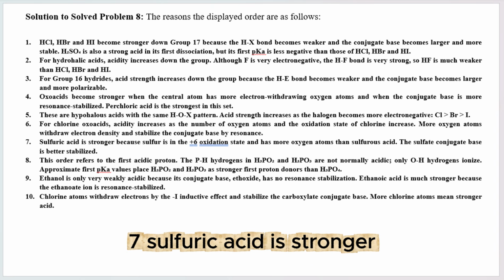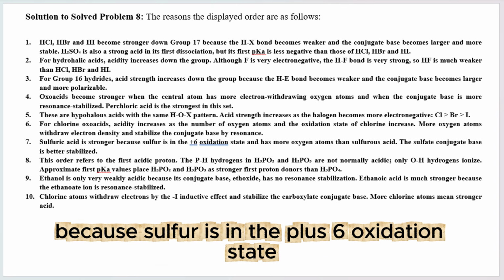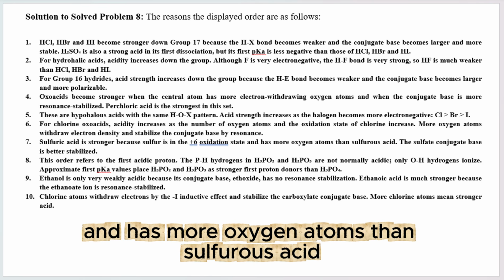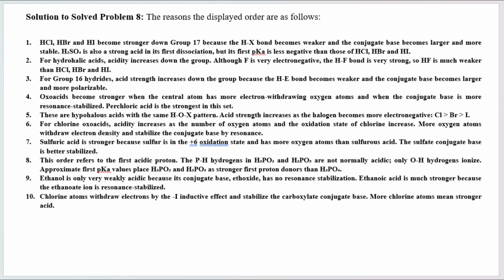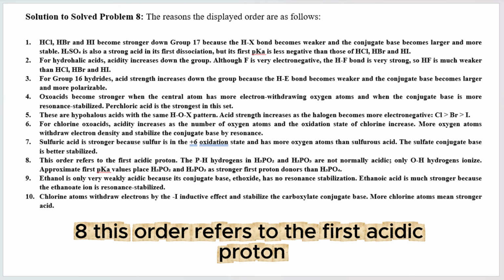7. Sulfuric acid is stronger because sulfur is in the +6 oxidation state and has more oxygen atoms than sulfurous acid. The sulfate conjugate base is better stabilized. 8. This order refers to the first acidic proton.